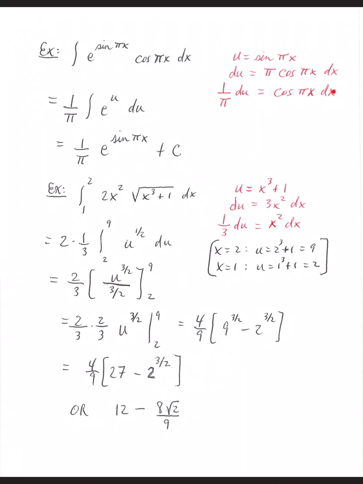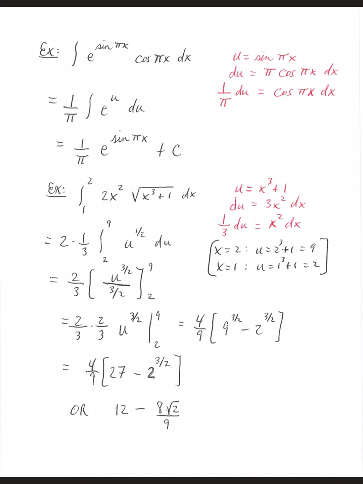We can isolate that by dividing both sides by pi. Cosine pi x dx can be replaced with 1 over pi du. E to the u has its own antiderivative, so that's 1 over pi e to the u, replacing u with sine pi x, and add your constant of integration.